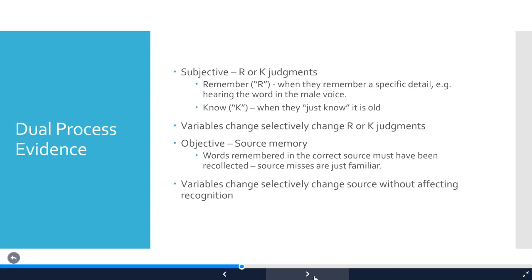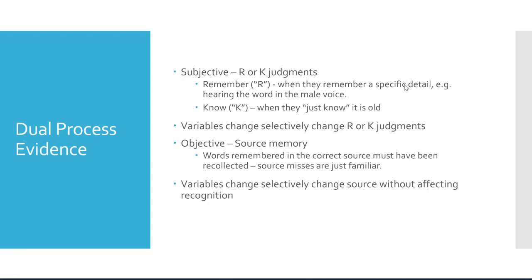In terms of dual process, you can have people make subjective ratings where they give R or K judgments. This comes from Endel Tulving, who said you can tell people to give a remember response when they remember a specific detail about the encoding experience. For example, say we're talking about words that you either heard in a male voice or a female voice.